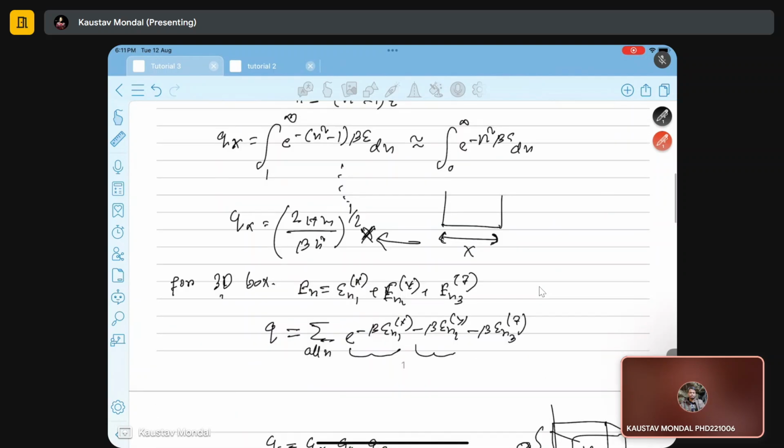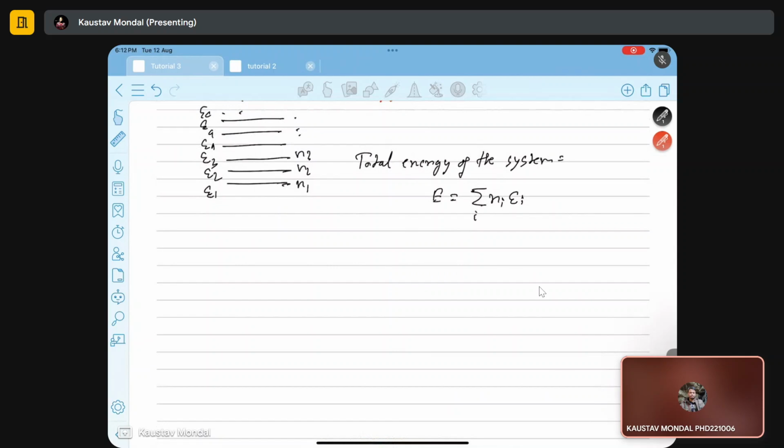Now the fraction of the population having energy Ei would be Ni by N. So that would be simply Ni by N equal to e to the power minus beta Ei by Q.